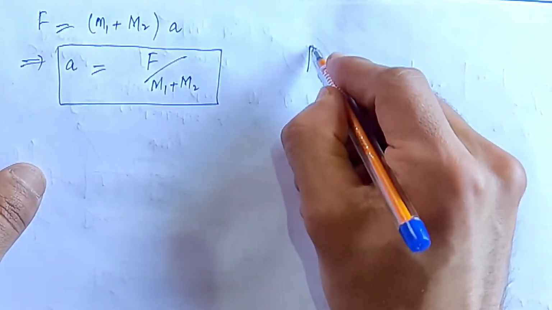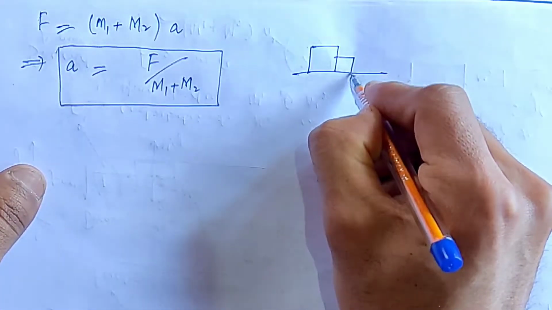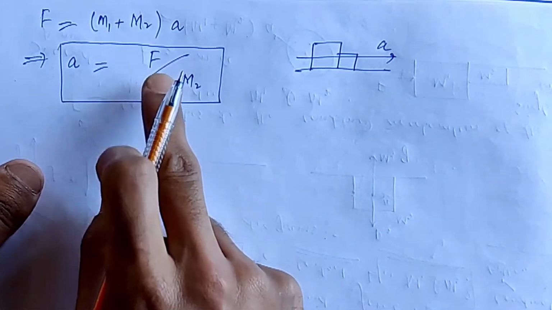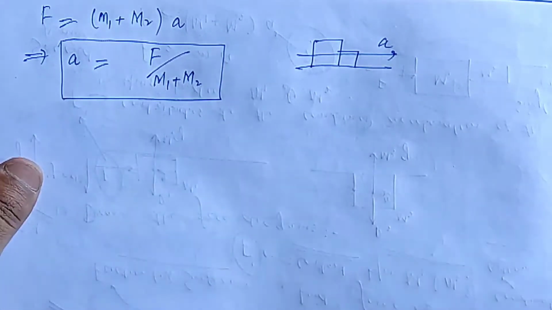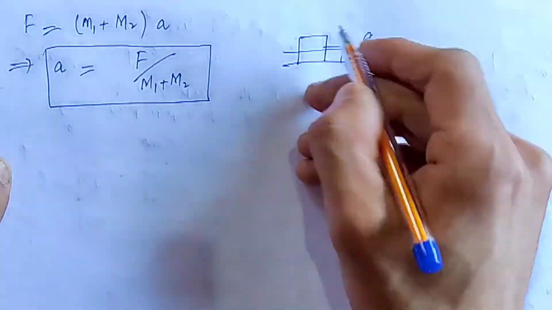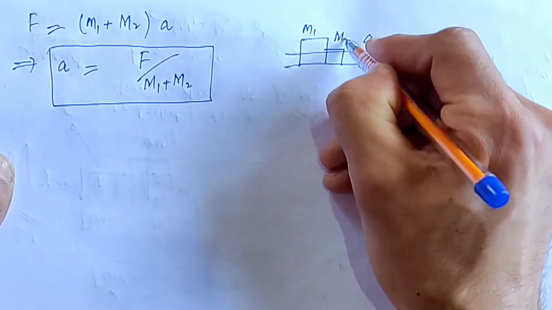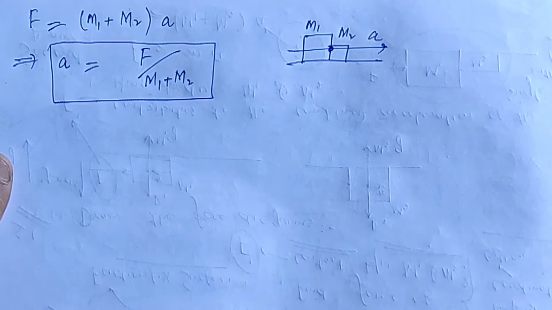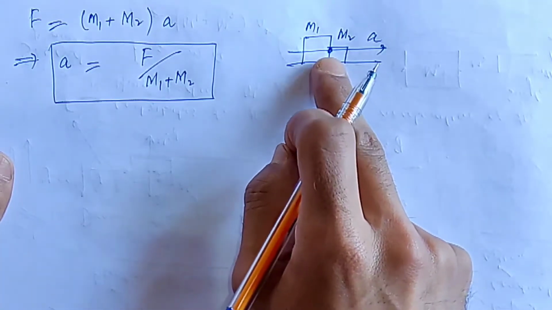These two bodies will be accelerated with an acceleration a given by this formula. This gives the acceleration of the two bodies m1 plus m2 as a system, but we have to find the contact force between these two.